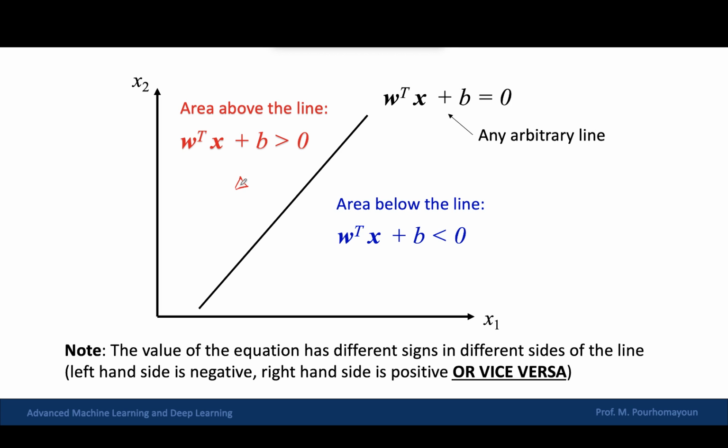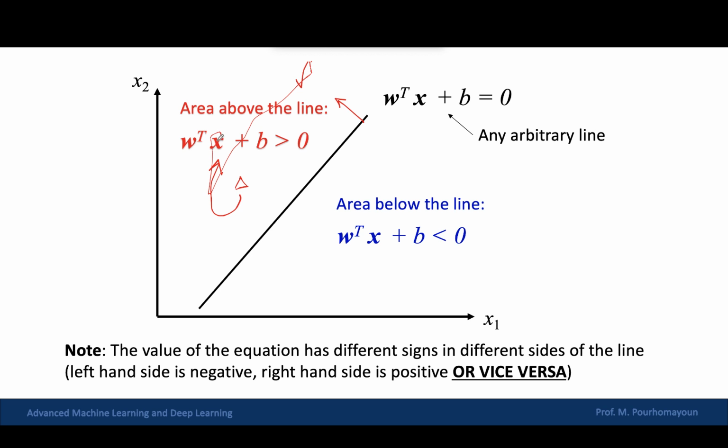So if this is one of your data points, one patient or one day or one stock market or anything you want to predict, if you put it here and it makes the equation positive, it means that it's on the left hand side of the line, so you can predict sunny.